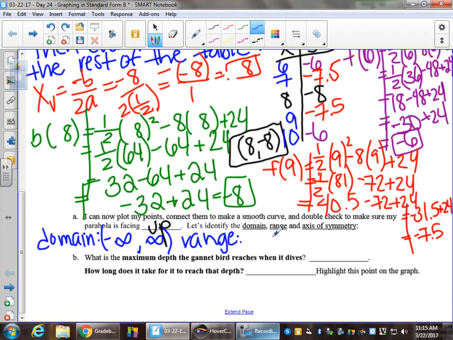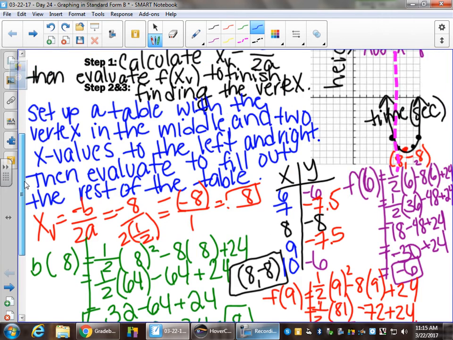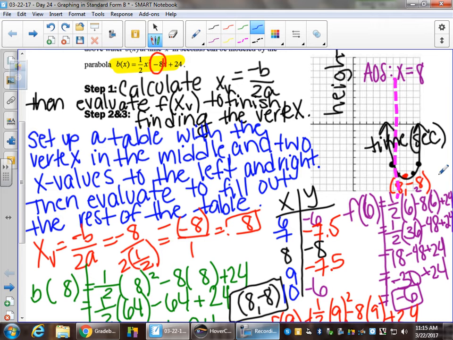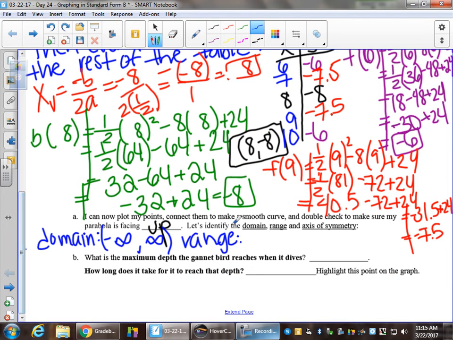What is my range? Where am I starting? Going from up and down. Where am I starting looking from up and down? Negative 8. And where am I ending? Infinity.